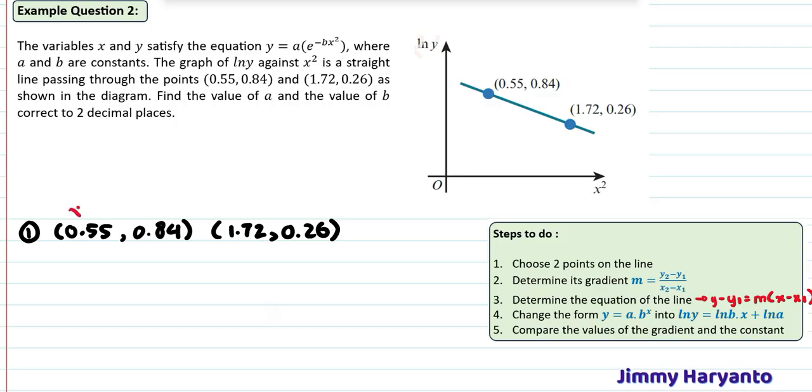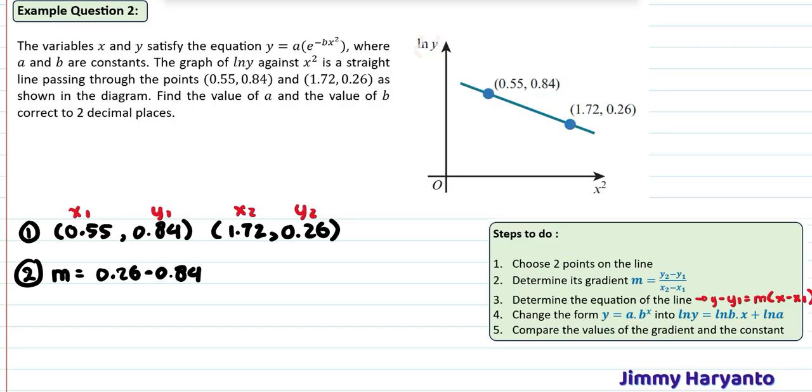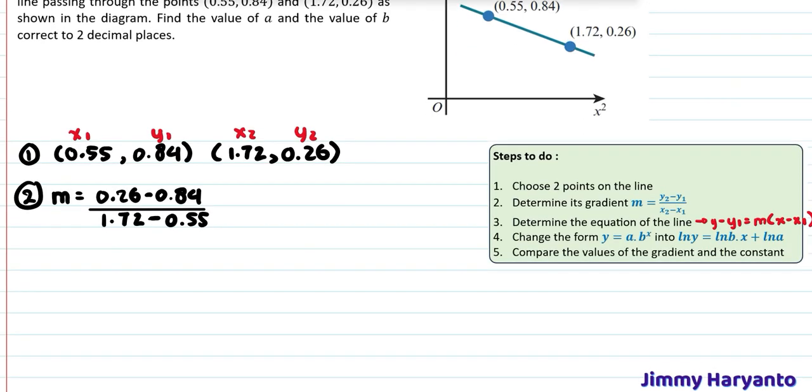We can label these x1, y1, x2, and y2. And then we can do the second step, which is gradient. Gradient says y2 minus y1, that means 0.26 minus 0.84 divided by 1.72 minus 0.55. And then what next is m equals, let's calculate this one.